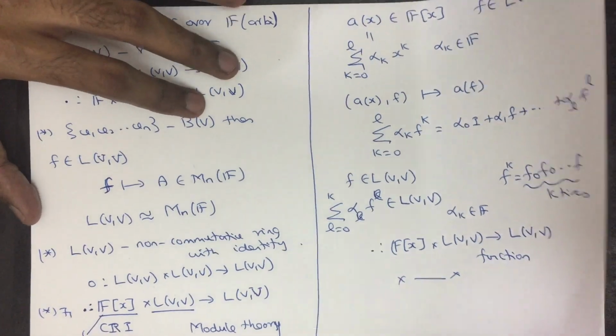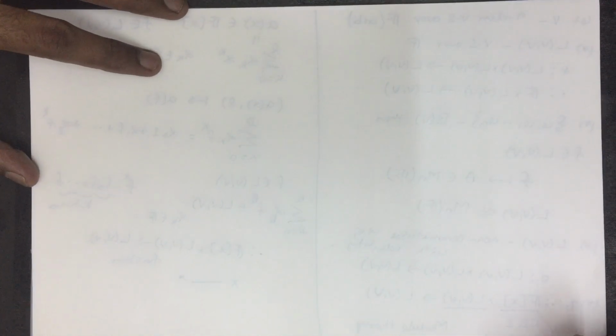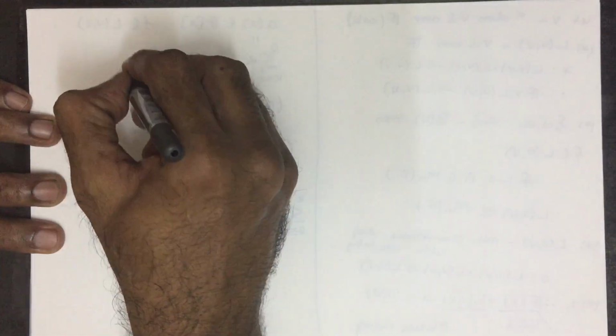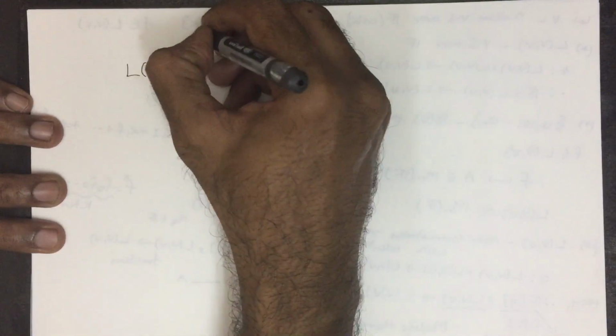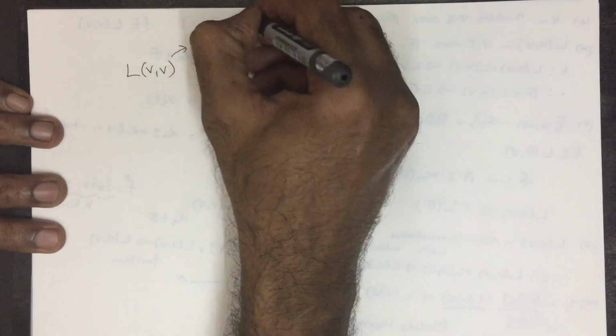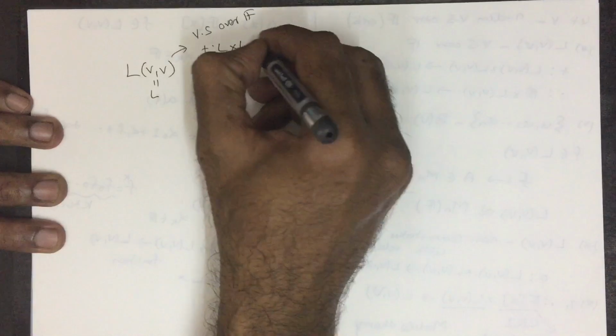One interesting thing that we have to observe here is that L of V comma V, which is the set we are studying now, has multiple faces. On one side you can see it as a vector space, with addition and scalar multiplication. I will call it L for simple notation.